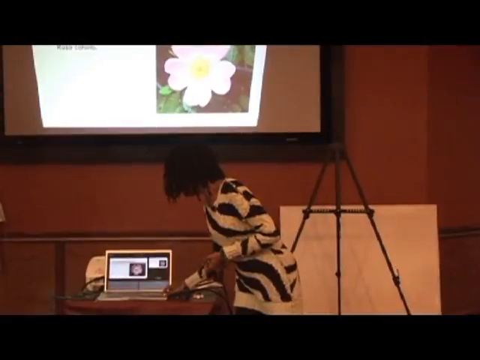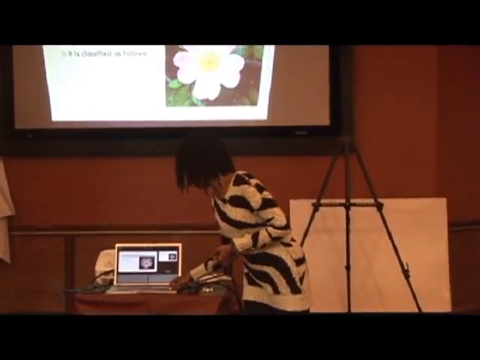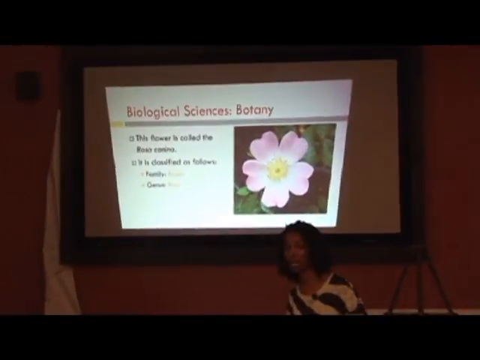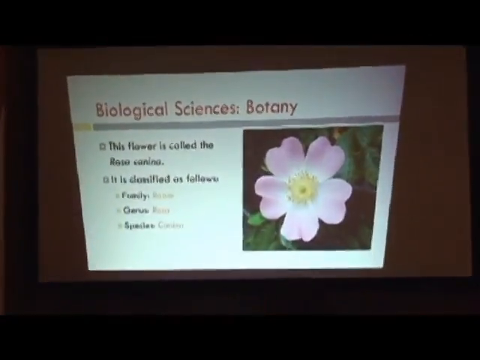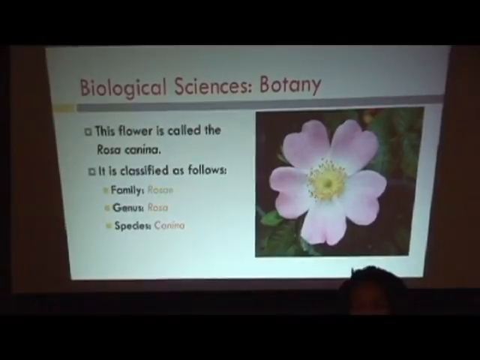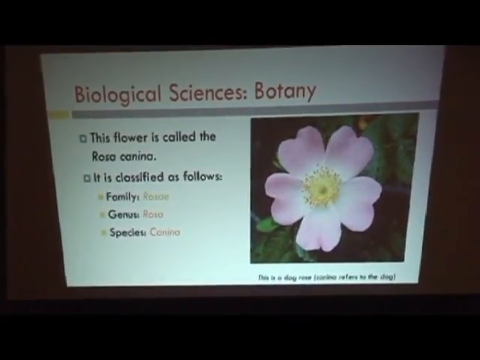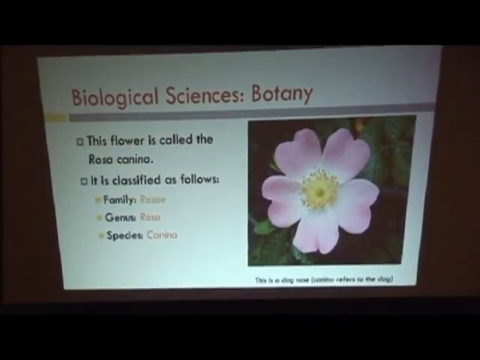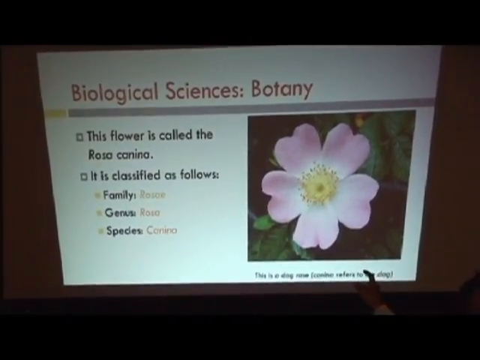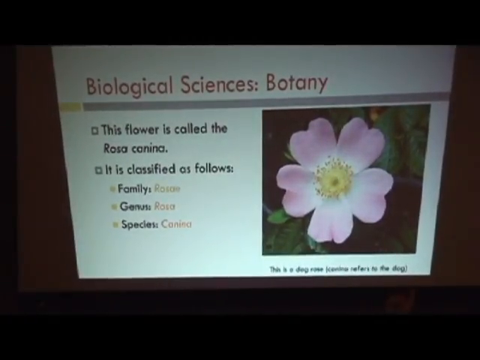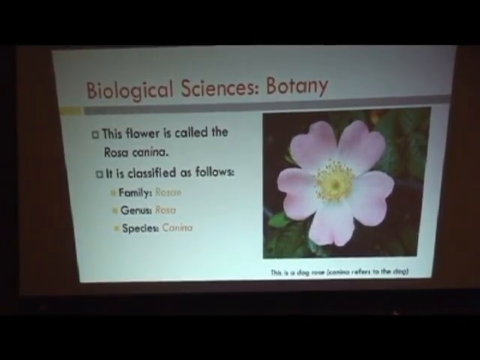So this is classified Rosa. So the family name is Rosa, the genus is Rosa as well, but the species is canina, which refers to a dog rose. And if you notice, the family has an AE at the end, where the genus does not. The family names always carry the AE at the end of it.